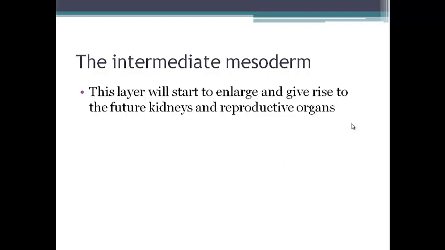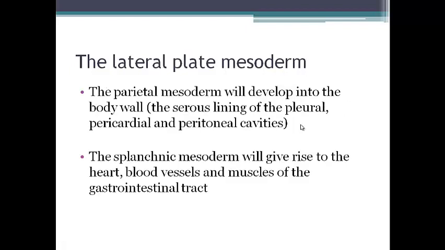So for now, I just need you to know that the intermediate mesoderm becomes the kidneys and the reproductive organs. Okay, so make sure you can identify where the intermediate mesoderm is, and remember that it becomes the kidneys and reproductive organs. The how of it will come later on, way in the future.